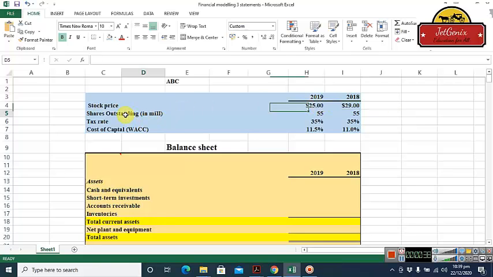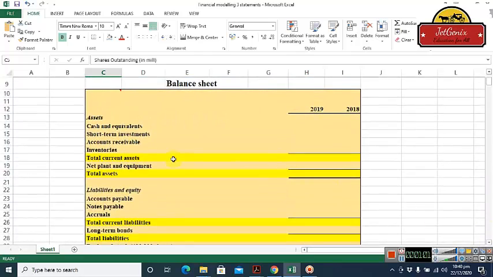The outstanding shares in both cases is 55 million, and the tax rate is 35%. The weighted average cost of capital of this company is 11% in 2018, and it is 11.5% in 2019.